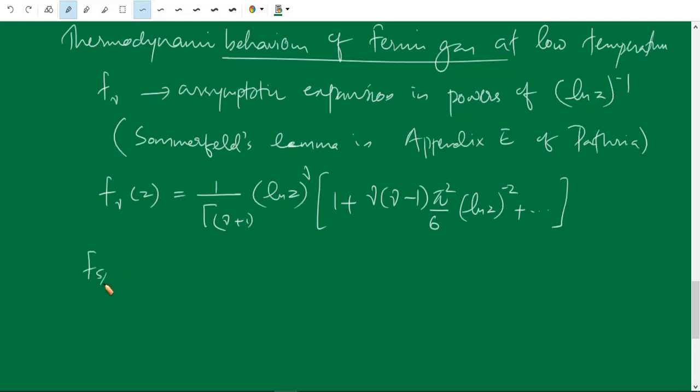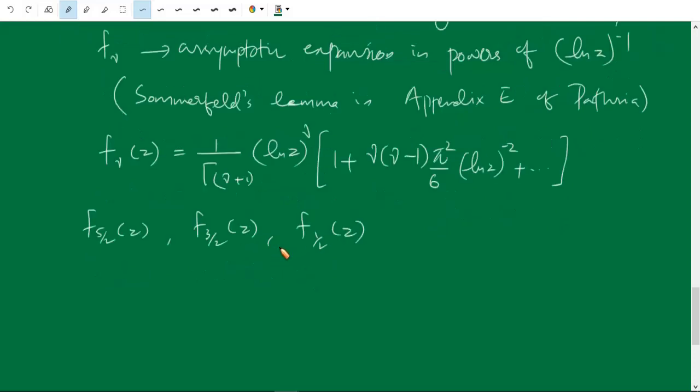We have been using f5 by 2 of z, f3 by 2 of z, and f1 by 2 of z in many formulae for the thermodynamic quantities. So we can write f5 by 2 of z using this.